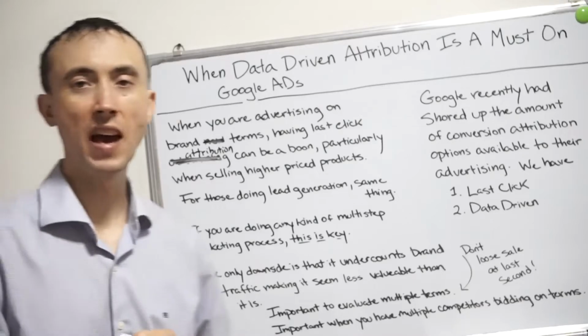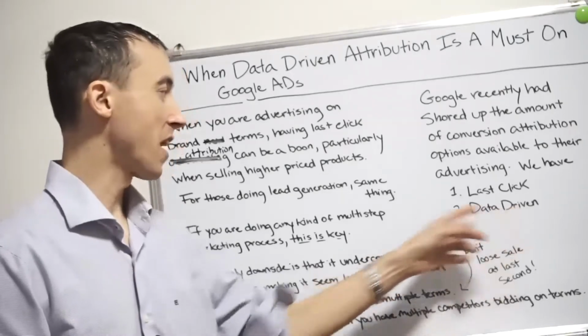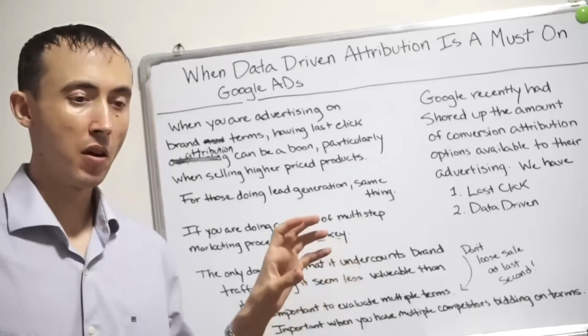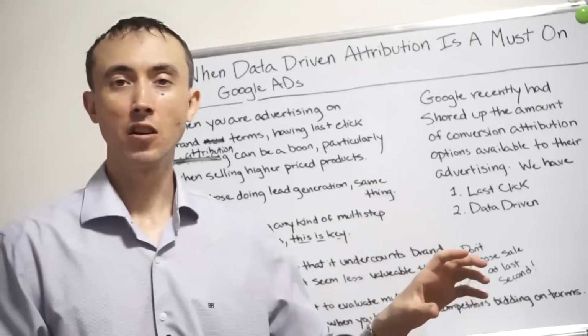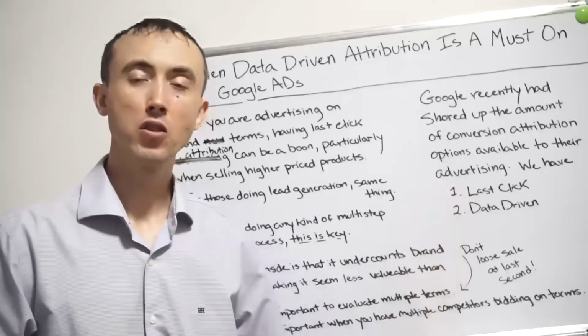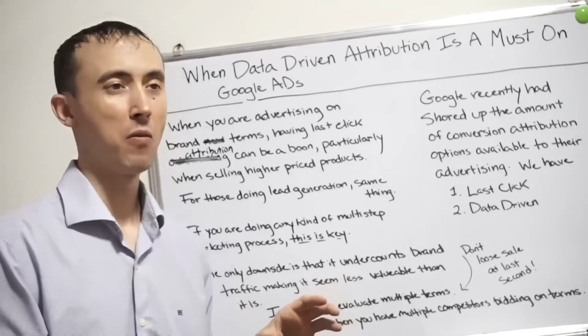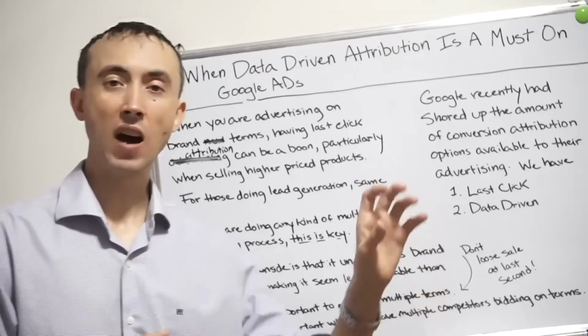And so with that, if you use data-driven, it'll actually take some wind away from the brand, making the brand look not quite as good as it was. So you may be saying on the brand, I don't want my bidding to be so high.